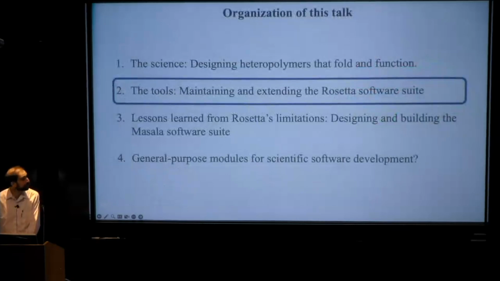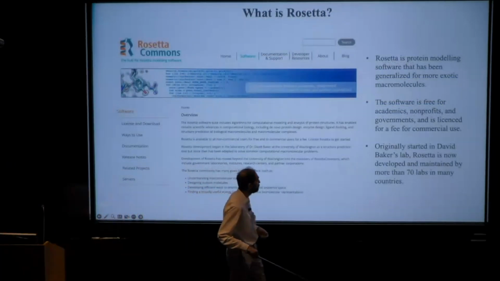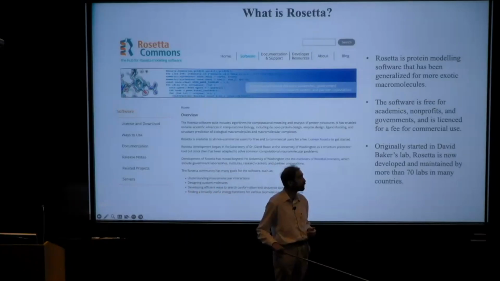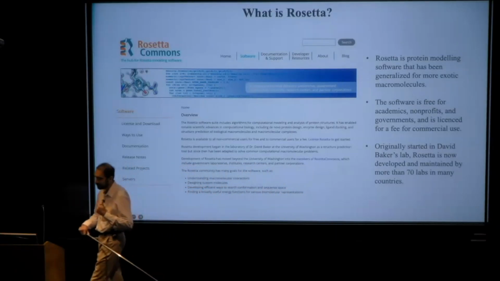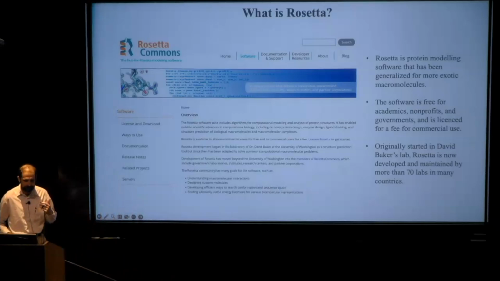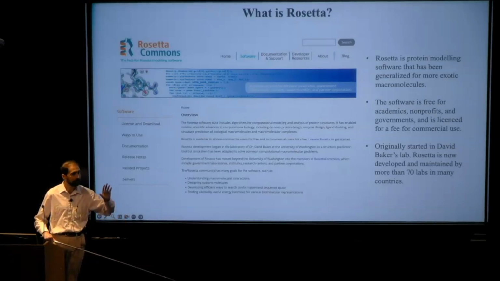So what are we using right now? Well, we're using Rosetta. Rosetta is a set of C++ libraries and applications that has been developed over the last about 25 years now. It was initially designed first for protein structure prediction and then protein design.